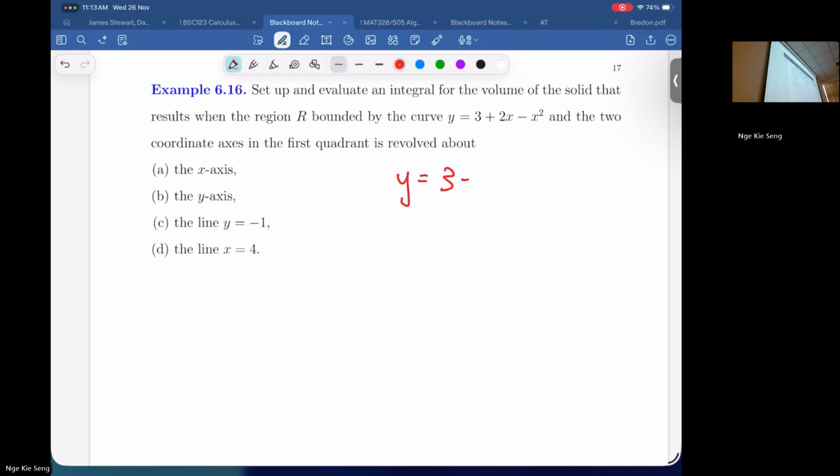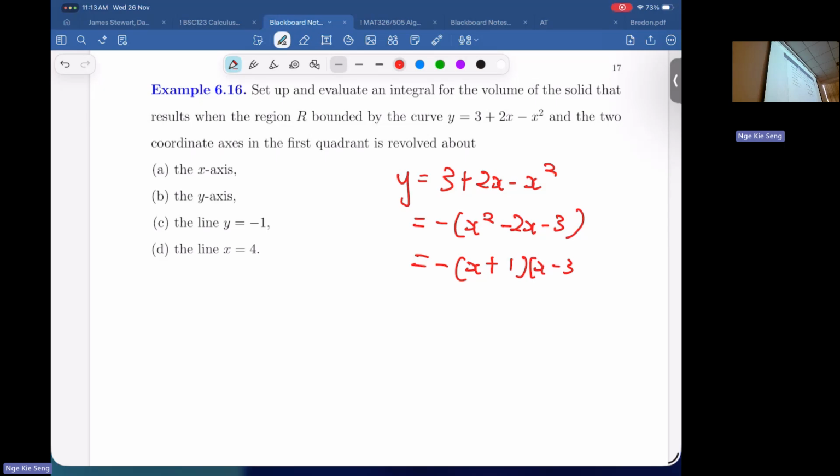Well, this is a quadratic, so see if you can make it into a basic shape first. This is a very important technique you are going to learn, especially for your midterm: how to see it as a basic shape. Something to note about a quadratic is that it has two roots. Can you find the two roots? If you write it as x squared minus 2x minus 3, you can guess the two roots: x plus 1 and x minus 3.